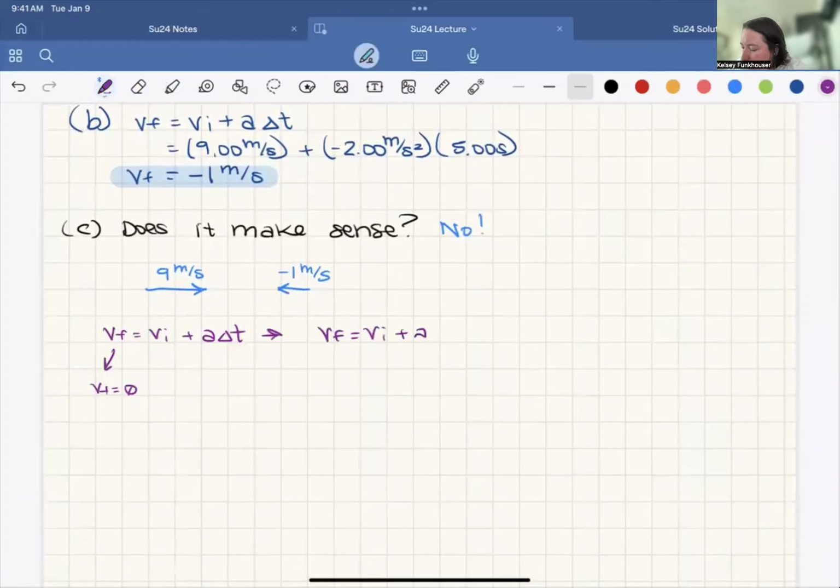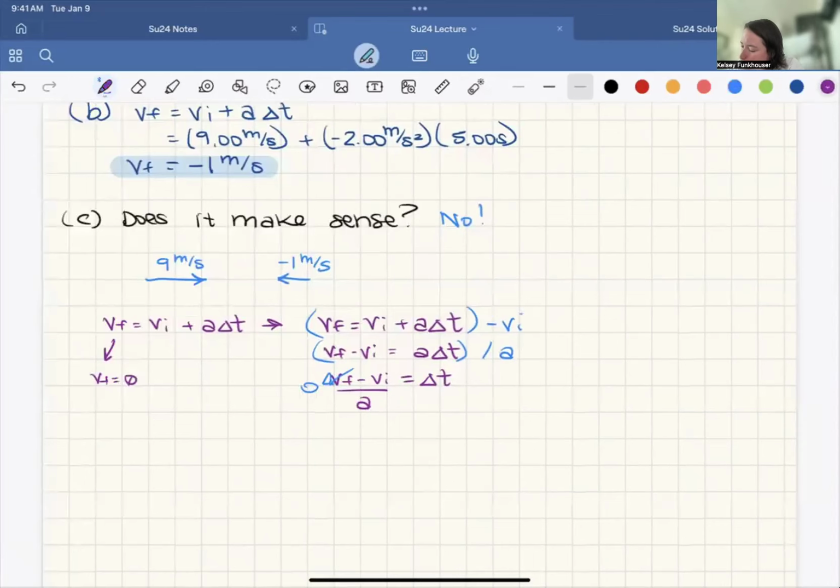It's already solved for final velocity. So that's going to be subtracting the initial velocity from both sides, giving us V final minus V initial equals acceleration times the time interval. And then we divide by acceleration on both sides. That gives us V final minus V initial over the acceleration equals the time interval. And the final velocity here we said is 0.